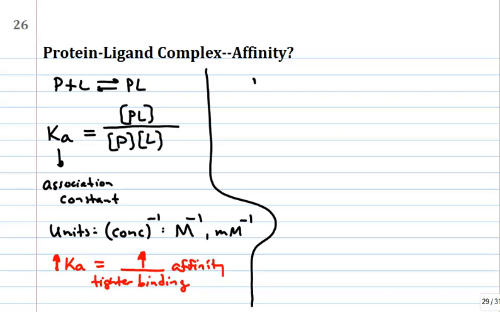If we do that, we need to define the equilibrium in a slightly different way. Let's say we have a protein-ligand complex, and it can break apart to the protein plus free ligand. So the protein-ligand complex is in equilibrium with protein plus ligand. When we do this, we can define Kd, the dissociation constant.